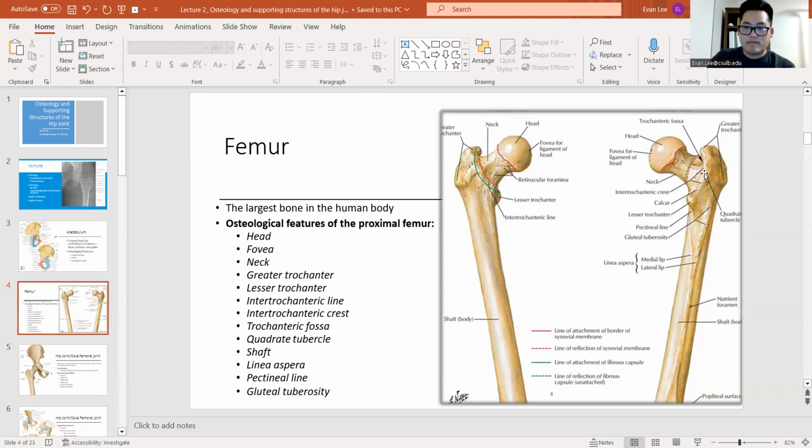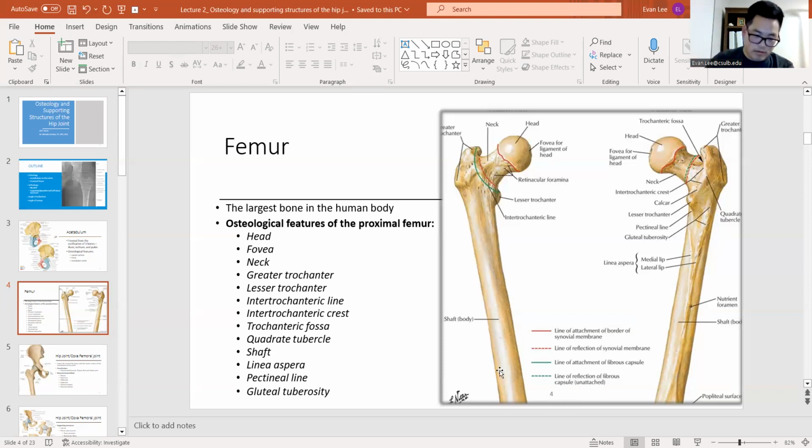Now, looking down from the proximal end of the femur, this whole part is the shaft of the femur. If you look closely, do you see that there are major differences between the anterior and the posterior view? The anterior view is what you'd expect for the shaft of the bone.